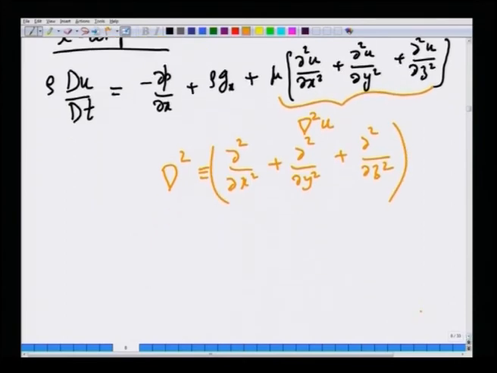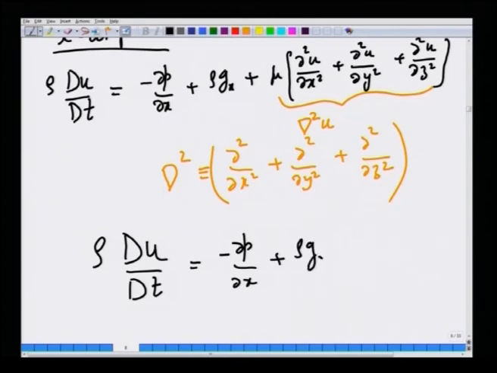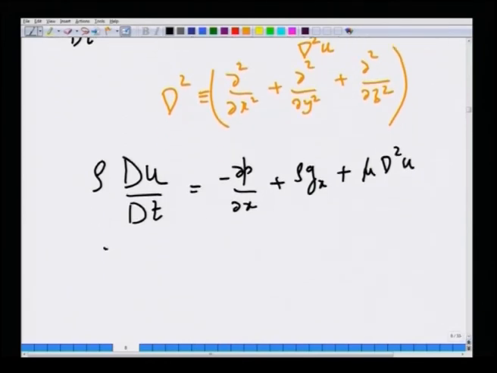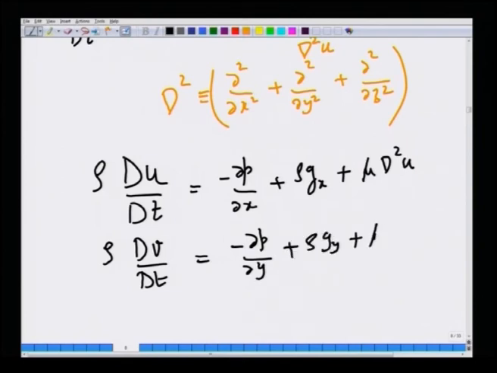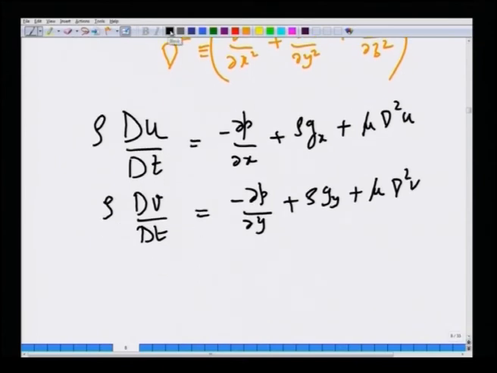So, the x component of the momentum equation can be simply written as rho times the substantial derivative of the velocity is minus partial p partial x, the pressure gradient term, plus the gravity term plus the viscous stress term, which becomes like this. I can write similar equations for the y component of the momentum equation just by analogy. One can of course go through the algebra in the same manner, and you will end up with the same thing.